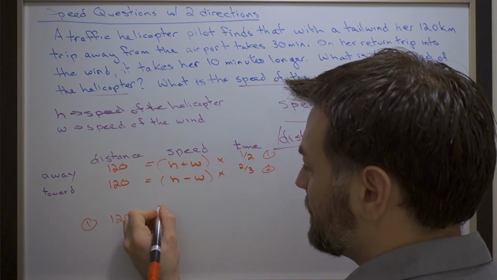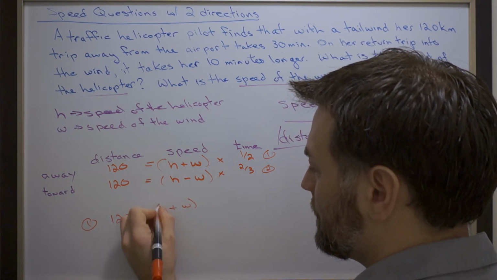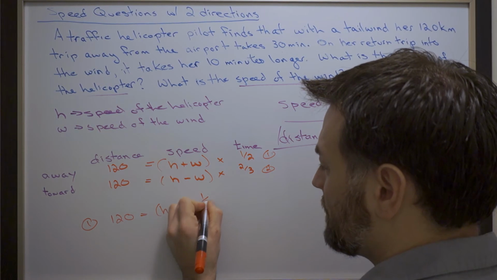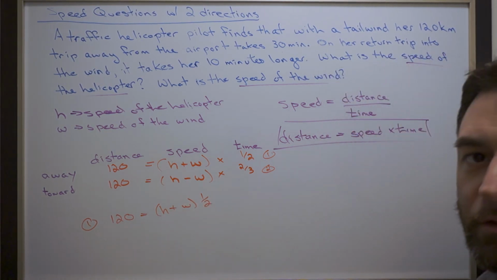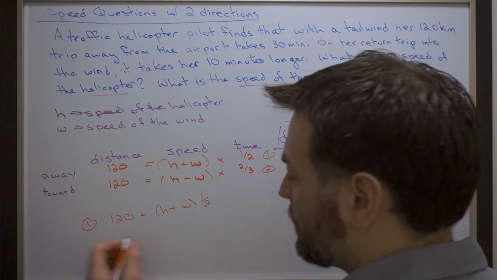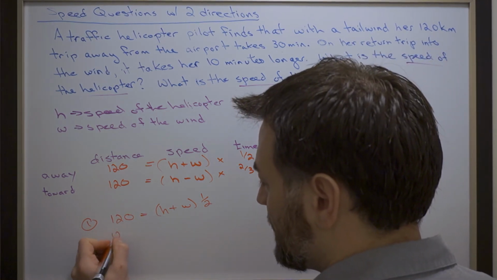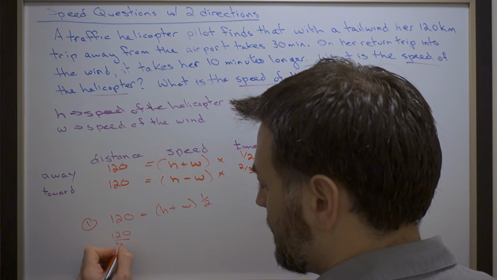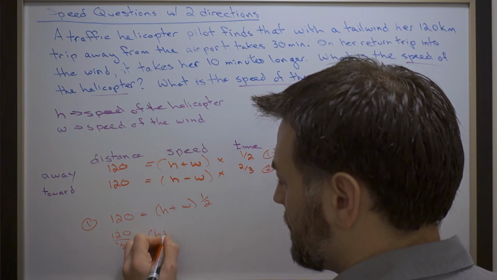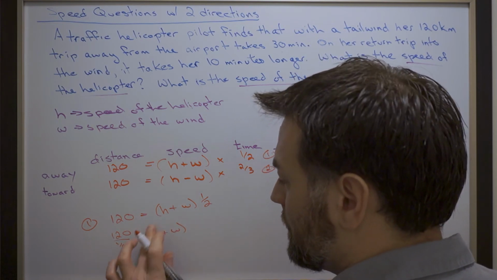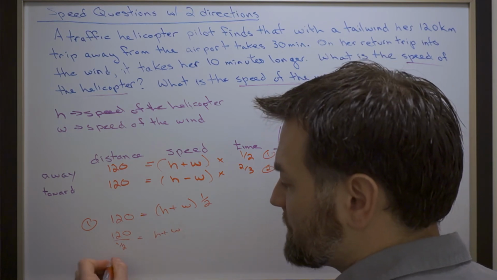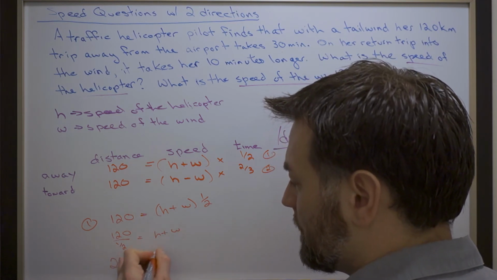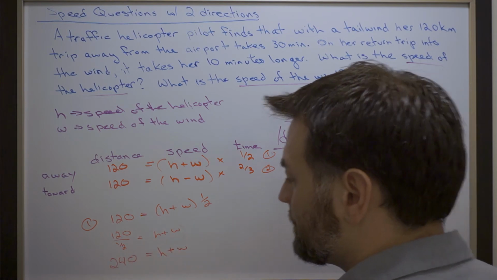120 equals h plus w times a half, and I'm going to take that half and divide the other side by 1/2. If I divide 120 by 1/2, I guess I don't need the brackets anymore. 120 divided by 1/2 is going to be 240 equals h plus w.